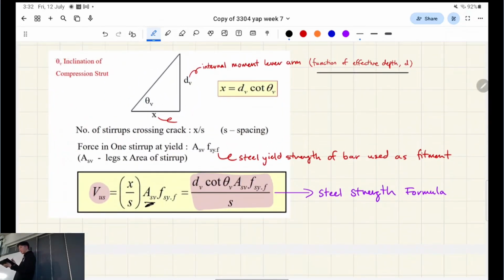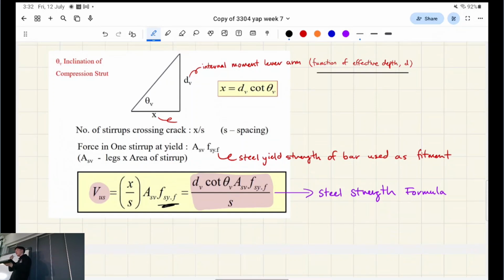ASV, you'll find soon, means the area of the shear bars, like the stirrup area, essentially. And then FSY.F means the yield strength of steel when it's used as a fitment. F means fitment, which means stirrup, which means ligature, which means shear bar.